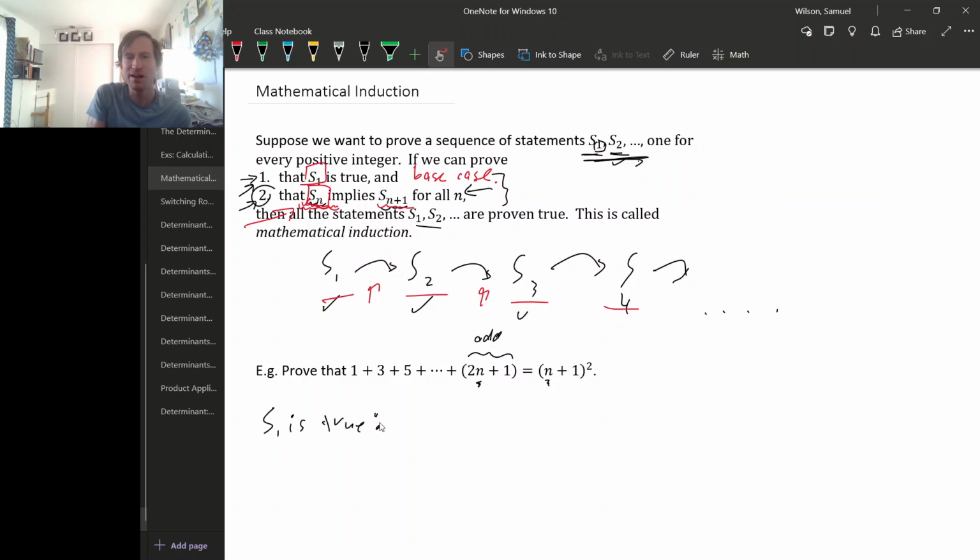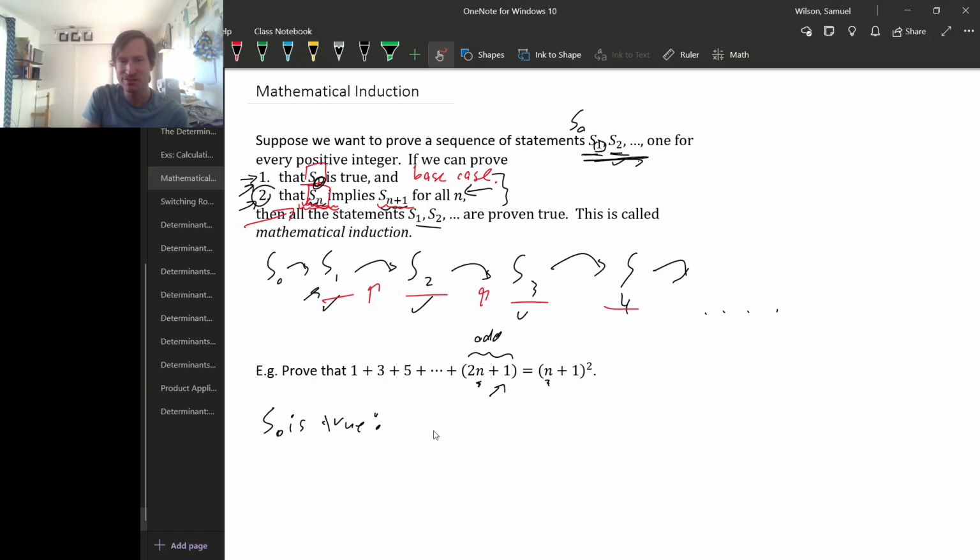So to show that S1 is true, we just need to plug in 1 for n into this statement. Well, actually, I'm going to plug in 0, not 1. So we're actually going to start with S sub 0. You can start with any number; this chain of implications will just start at whatever number you started at. So we're starting at 0. Let's show that this is true when n is 0. When n is 0, what odd number is at the end of our list?